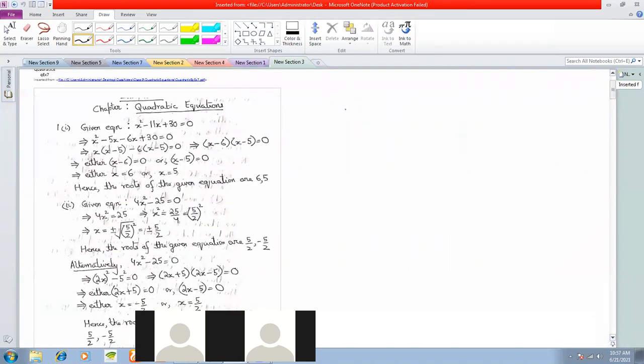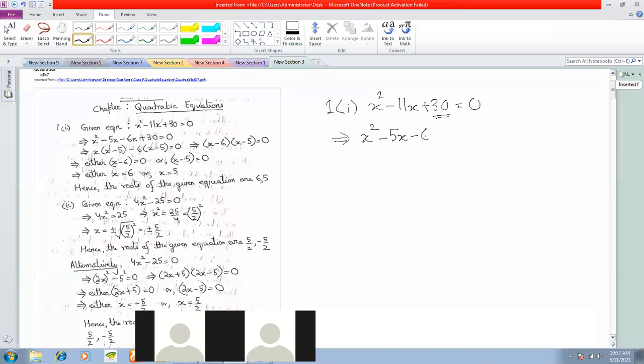So let us continue with the sums from quadratic equation. The first question, let's start with a very simple question here. x square minus 11x plus 30 is equal to 0. You use your factorization of trinomials to factorize the left hand side. x square minus 11x plus 30. So how should you break this 30 as 5 into 6, right?